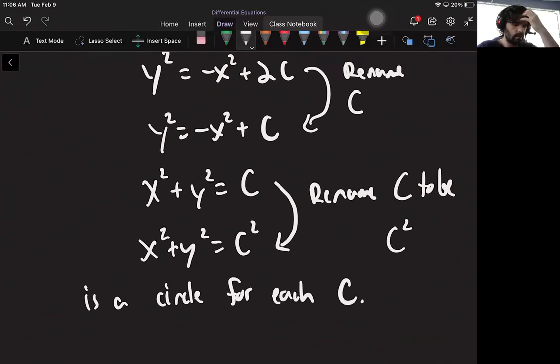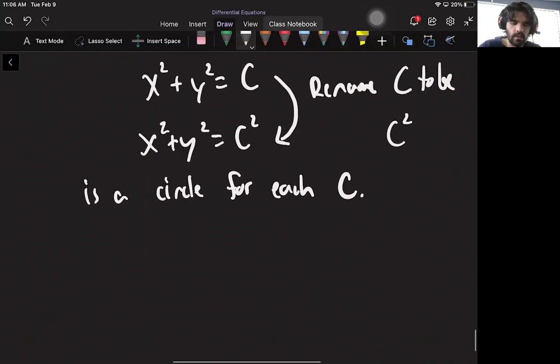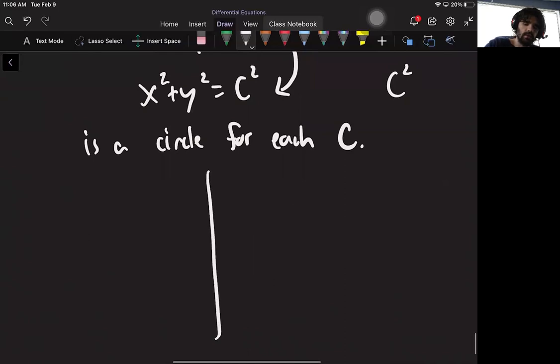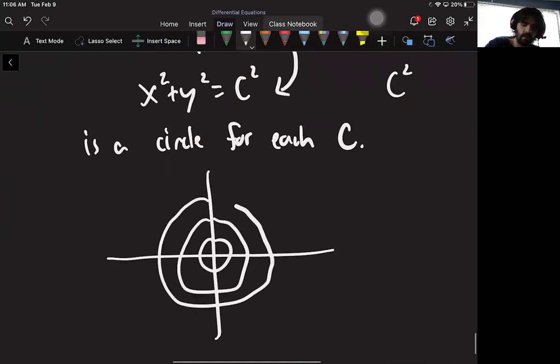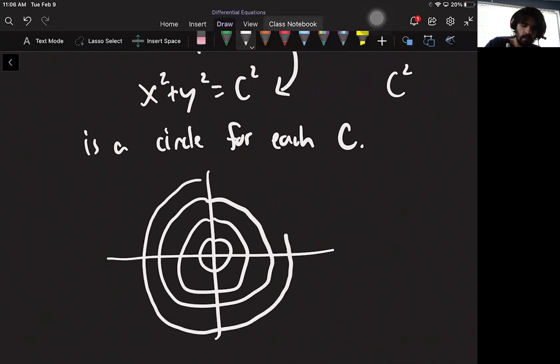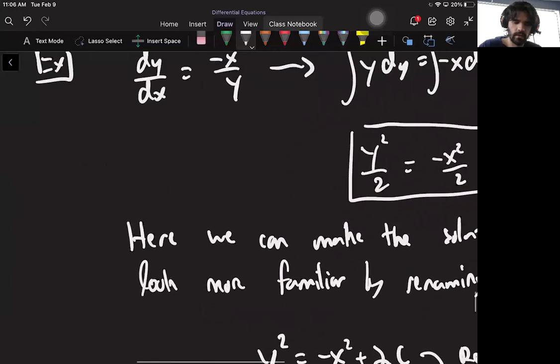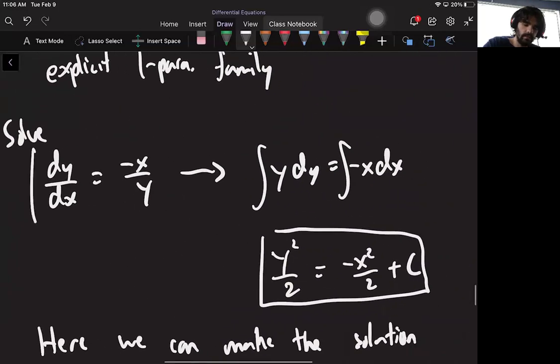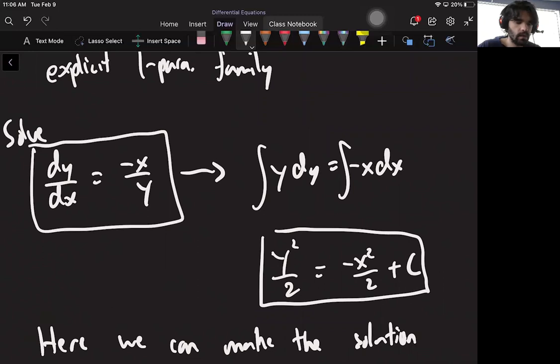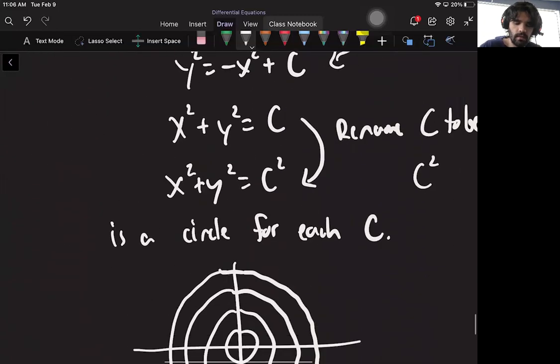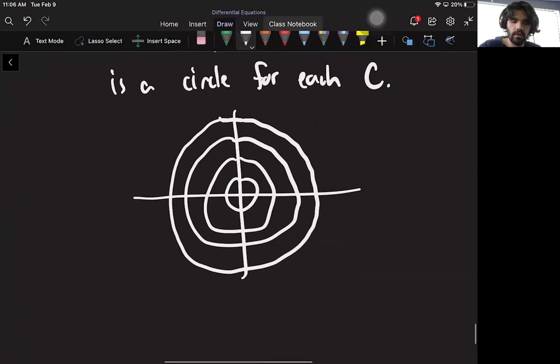So this is another implicit one parameter family of solutions, but this one we can actually visualize: the solutions are just circles. So whatever circle you pick is another solution to this differential equation. Okay, we haven't talked much about graphing solutions and trying to understand them visually, but we'll get to that someday.